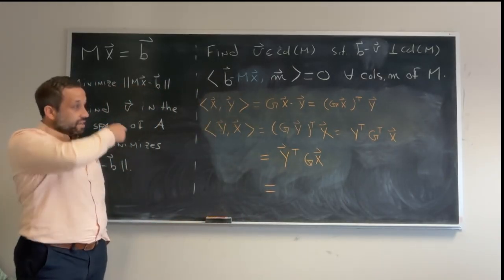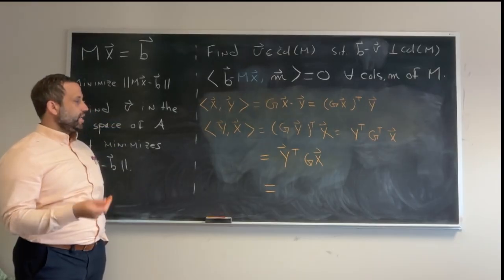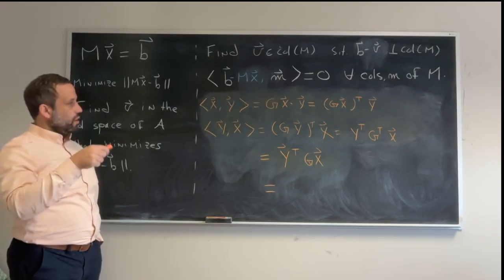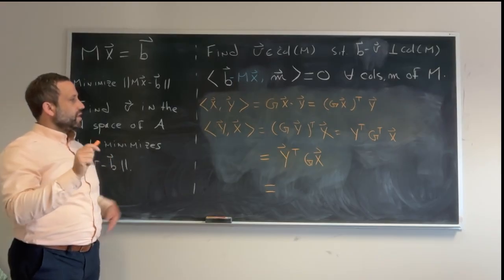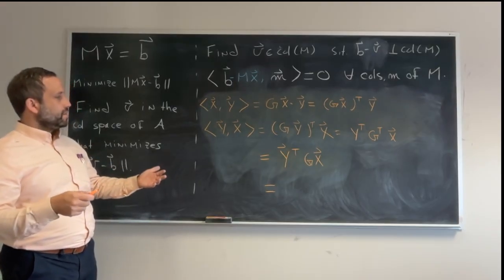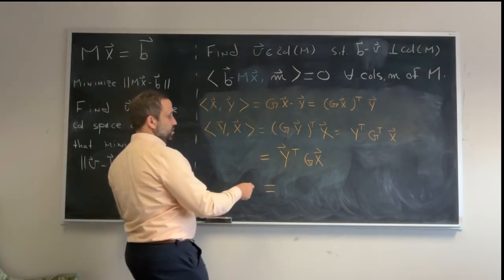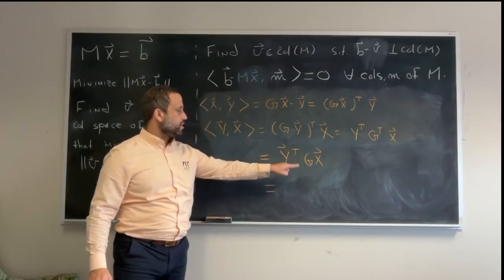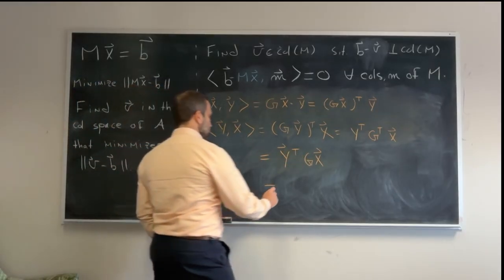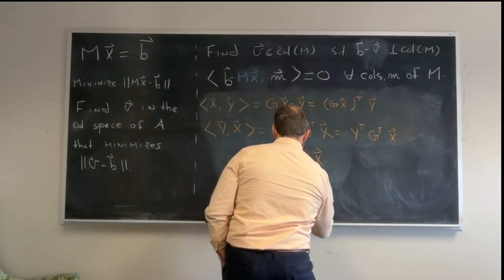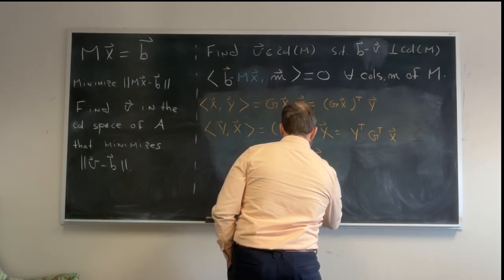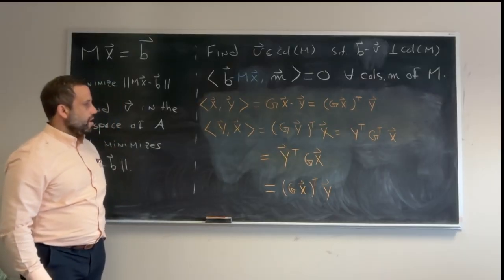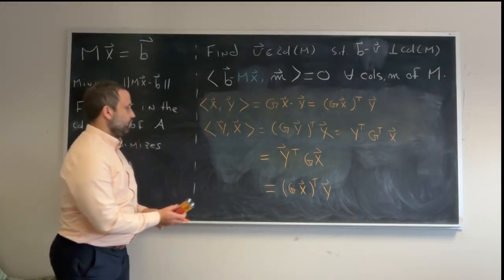This is just another way to write the dot product of y and Gx. There are a number of ways that we can get to the next point right here, but one way is just to make that observation that this is just the dot product, and so this is going to be equal to (Gx) transpose times y, like this. Now, if you're not quite convinced by that, that's fine.